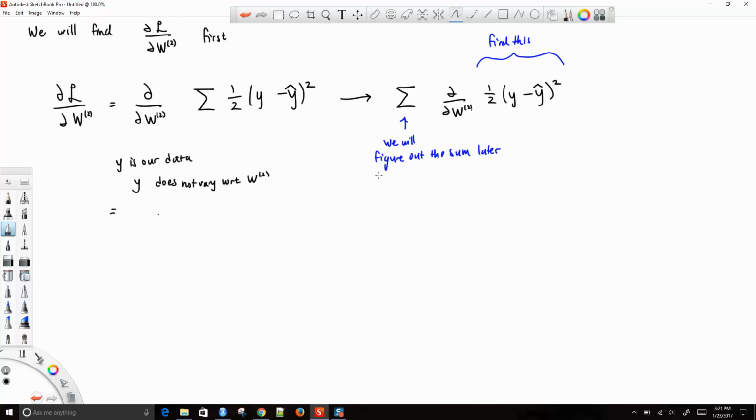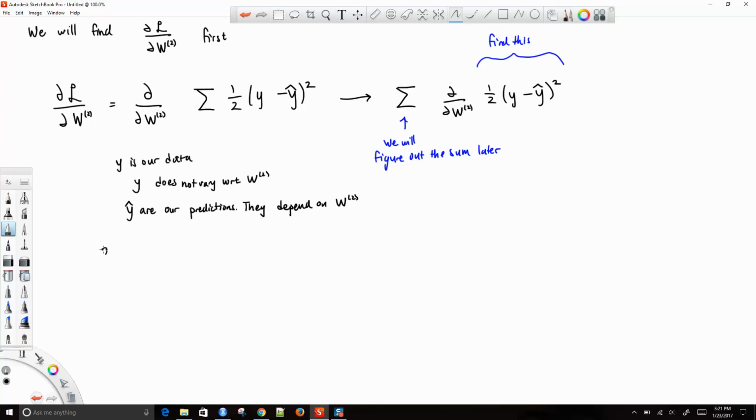But y hat, our predictions, very much depends on the weight matrix W2.